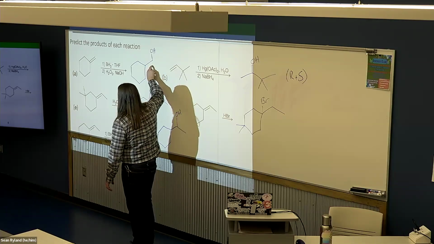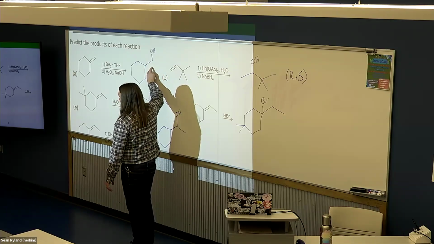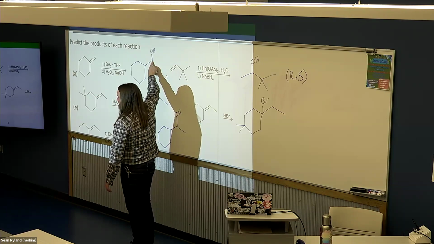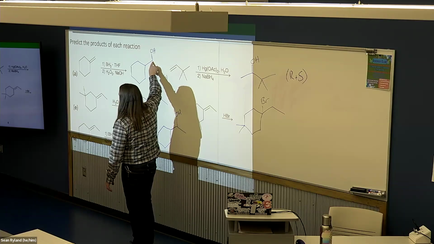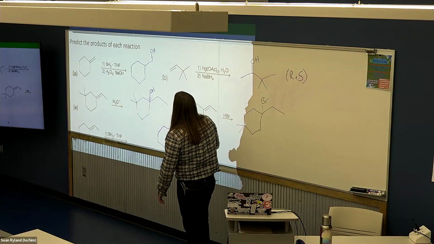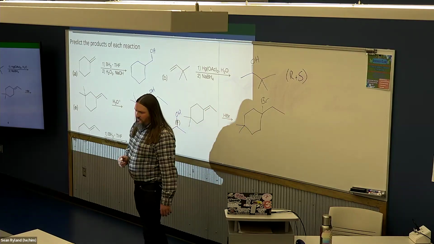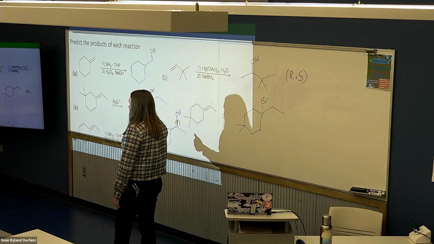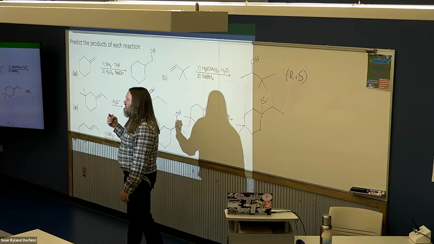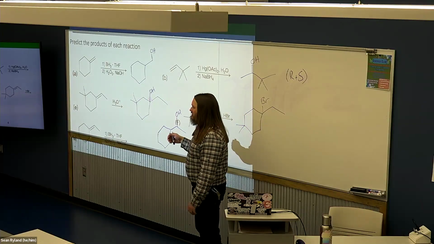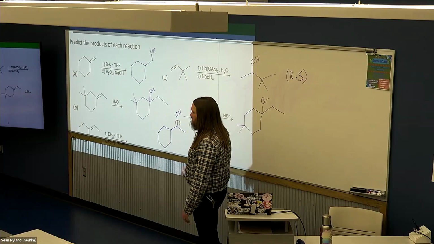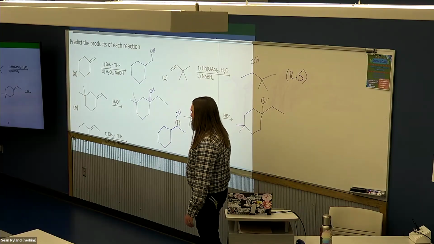So it will go through syn addition, like we talked about. But because this carbon is not a chiral carbon, not a stereocenter, it doesn't matter for our final product. If you wind up making a chiral carbon, or the pi bond you're breaking is part of a ring, that's when we need to worry about the stereochemistry. If we're not making any chiral carbons, no big deal.